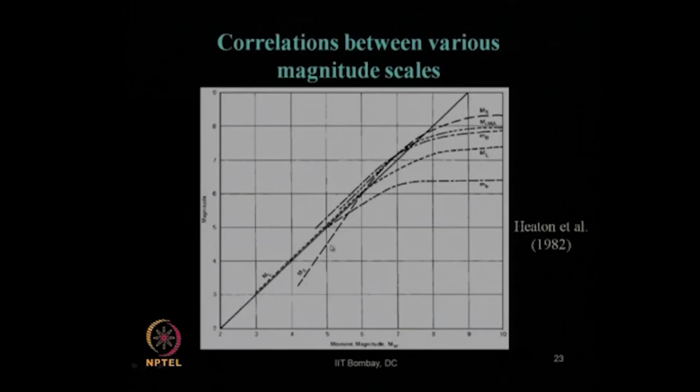Let us follow this line from this curve. 7.82 is somewhere here, right? So, we can say 7.82 of Ms can be taken as an Mw value equal to 8. Am I right from this correlation?